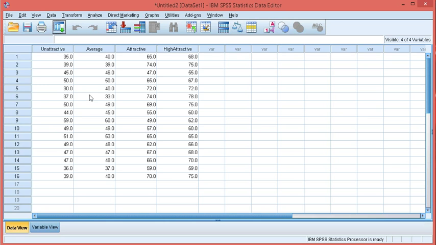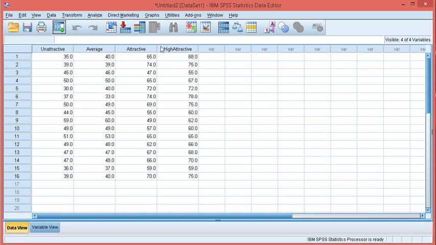But in the case of repeated measures ANOVA, these columns are actually not variables, but instead the levels of your independent variable. So our independent variable is attractiveness, and the levels are the following: unattractive, average, attractive, and highly attractive. And these values refer to the ratings for social desirability.